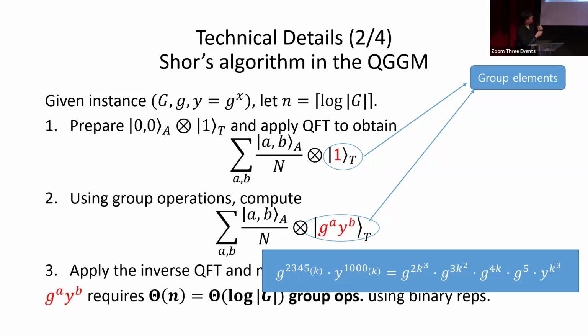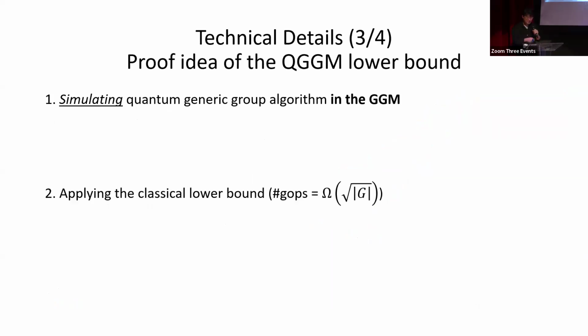So that's it. We can interpret Shor's algorithm as a generic algorithm, and its quantum group operation complexity is just logarithmic. So how do we prove that it's optimal? Actually, the proof is nowadays very simple.